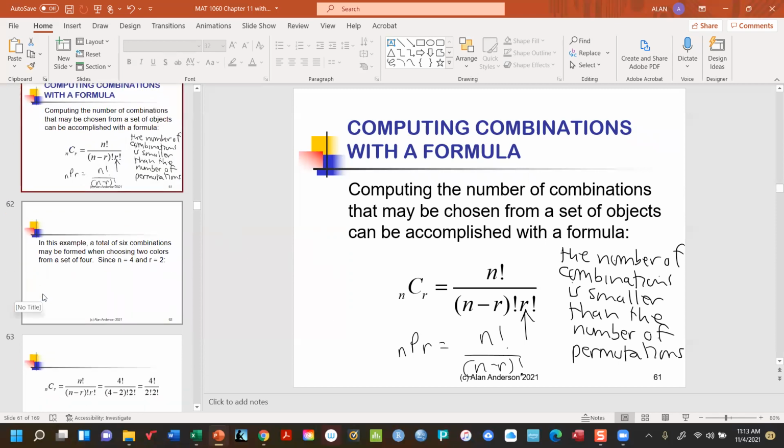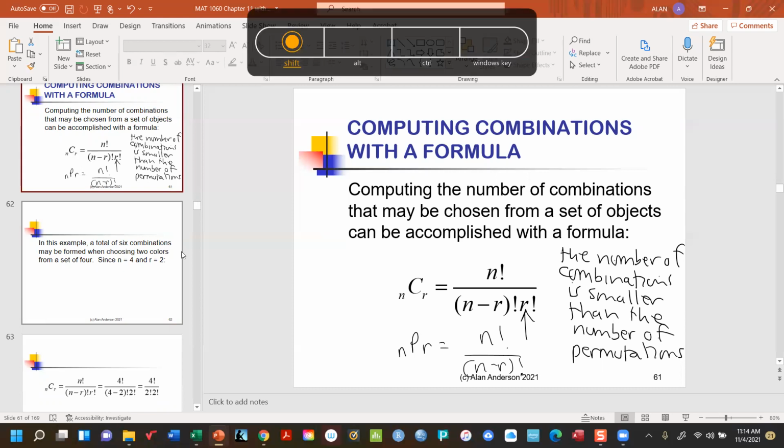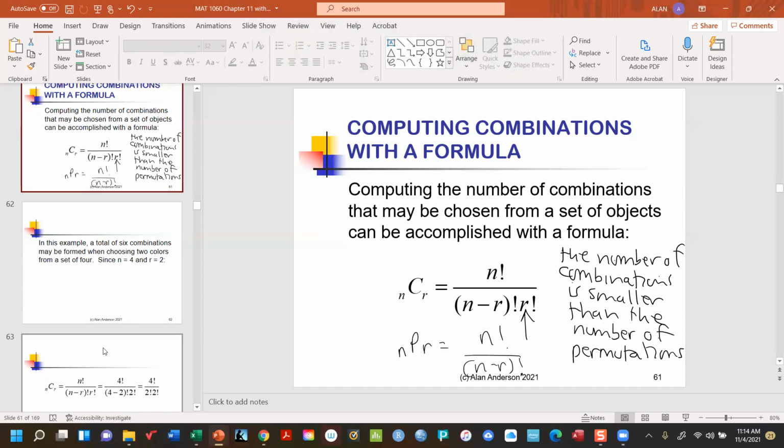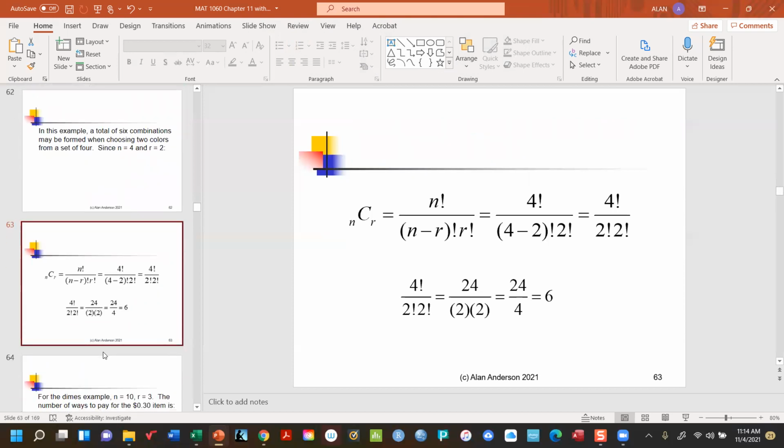All right, so what we're going to do now is figure out how many ways we can paint our house with 4 colors to choose from, and we need 2, using this formula rather than just counting them out. Okay, so remember, there's 4 colors to choose from. n is 4, and r is 2.